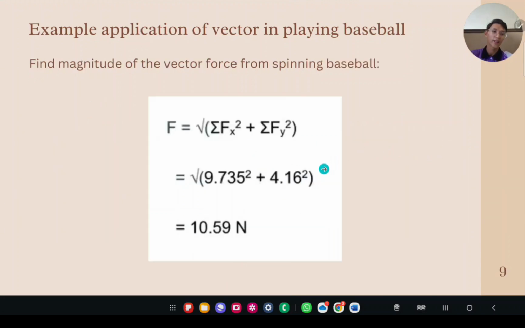So how to find the magnitude? Next we have to find the magnitude of the vector force from the spinning baseball. So we got here F equal to the square root of the sum of Fx squared plus the sum of Fy squared.